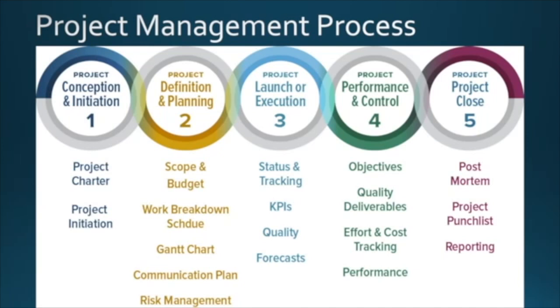After that, we have definition and planning. Here, detailing of scope and budget is being done. Different processes or different activities that would be performed are planned. Work breakdown with schedule, and then many of them prepare a Gantt chart, a communication plan, and a risk management plan as a part of definition and planning.